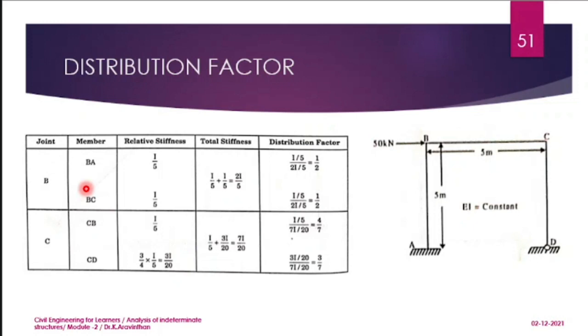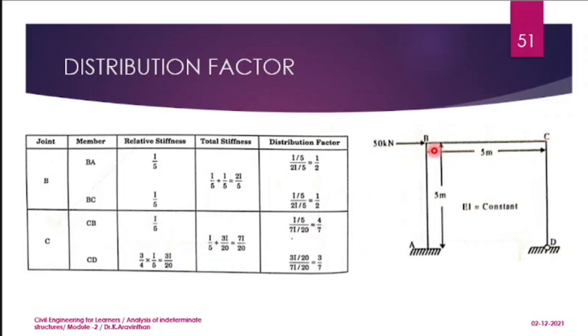find the distribution factor. Since the joint B is hinged, B to A and B to C, you will have two members. B to A is fixed, hence it is I by L, and B to C is partially hinged, hence it is I by L. Also C to B is partially hinged, that is I by L, that is I by 5, and finally C to D, this end is purely hinged, hence you will have 3 by 4 I by L, and you can write the distribution factor here.